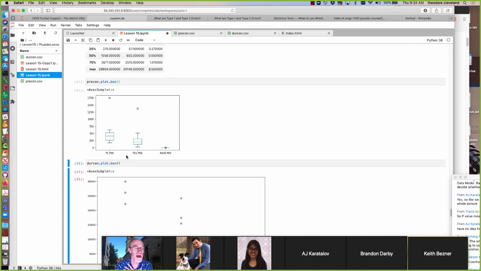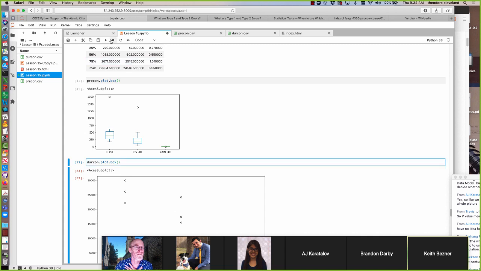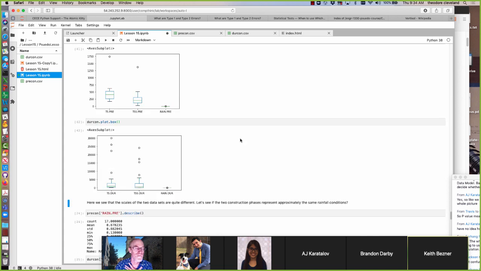We do that, we look at our pre-construction box plot for the total solids, total suspended solids, rainfall. And we'll do the same for during construction. And now we ask ourselves, are the box plots different? That'd be a yes or no question. Somebody chime in. What's different between the two?